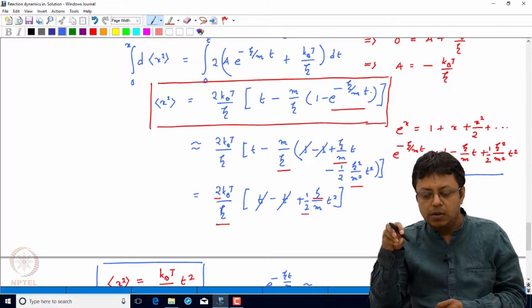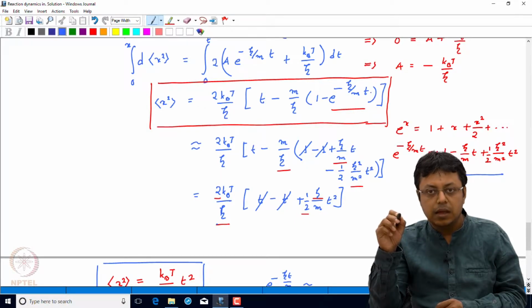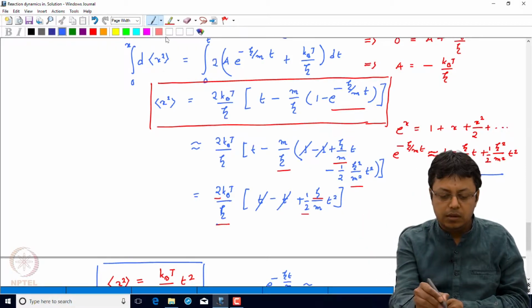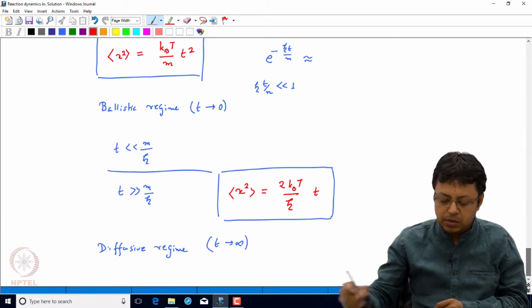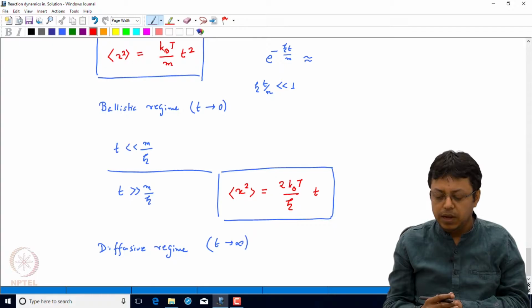Then you can just keep the first term, which is 1. So, it will be just t minus m by zeta, but again t is very large. So, all you will be left with is this term, which is just t. So that's how you get this equation.